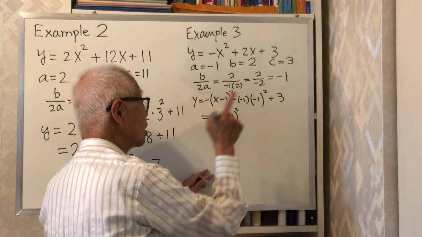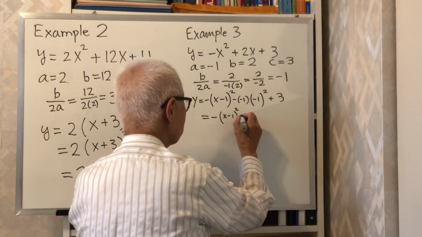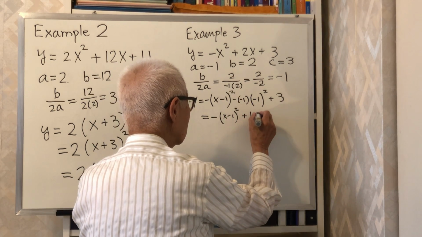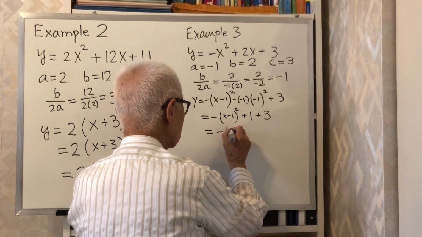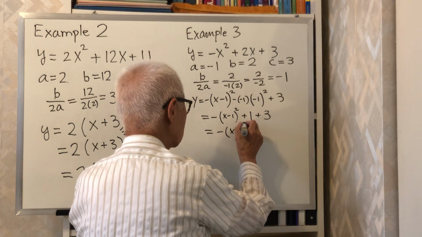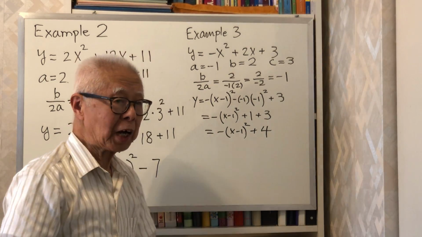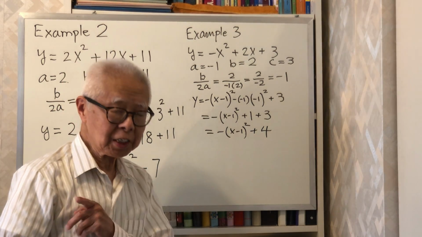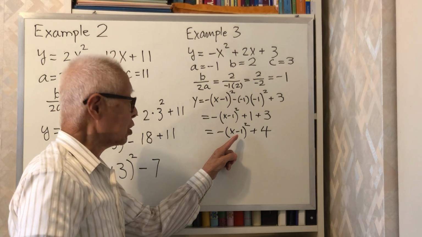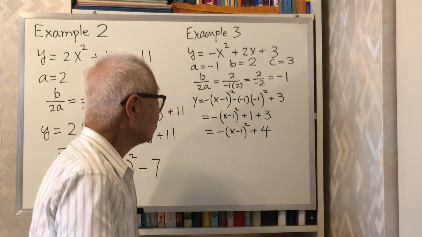Minus 1 squared is positive 1. This is my result of completing the square. Where is the vertex? Vertex is 1, 4.